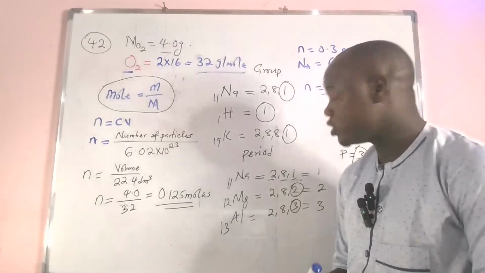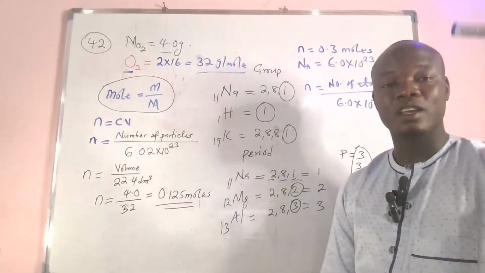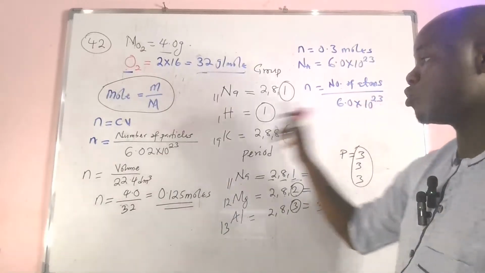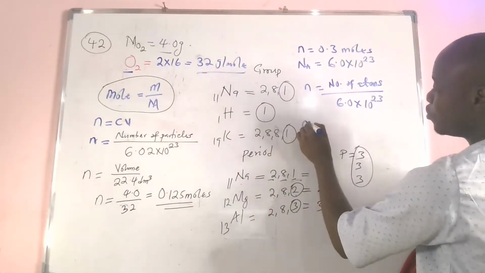The reason why I'm using 6.0, not 6.02, is because if you check the question, what they gave is 6.0, not 6.02. So we already have the mole as 0.3.